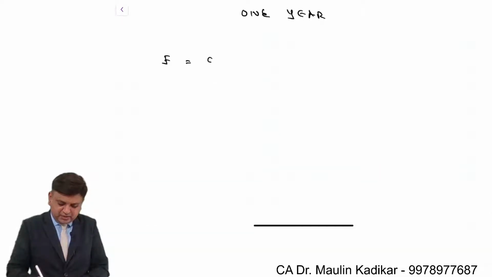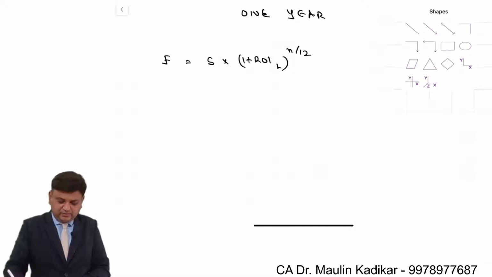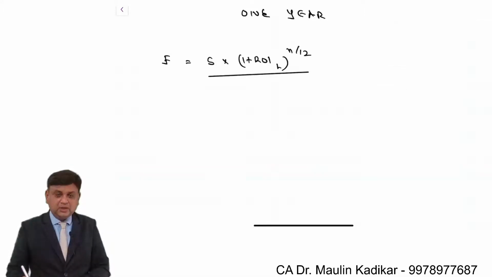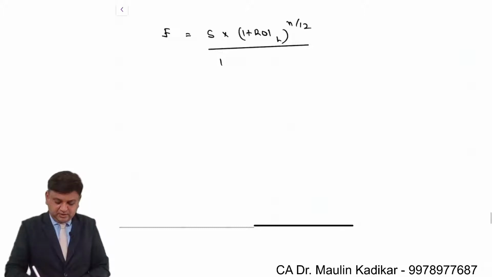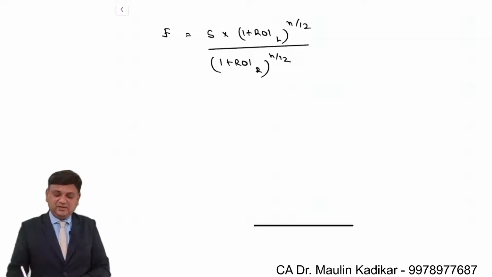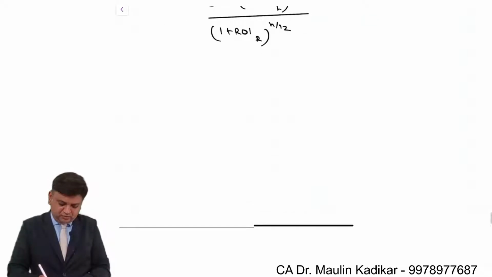Forward is equal to spot into (1 plus rate of interest for left hand side currency raised to n by 12) whole divided by (1 plus rate of interest for right hand side currency raised to n by 12). Once again, the forward exchange rate is given to us as 7.52.